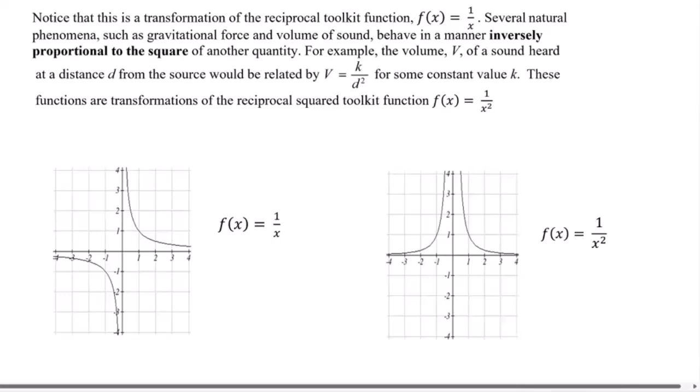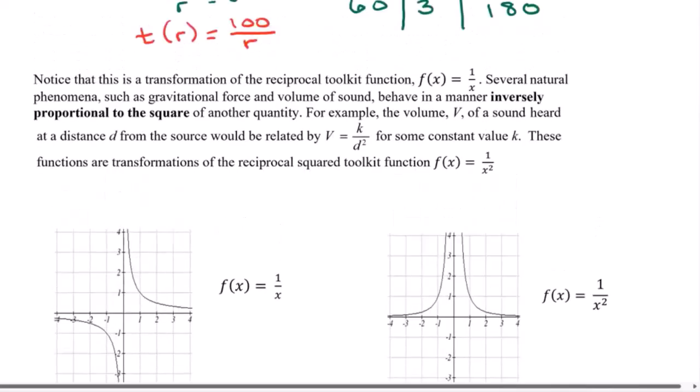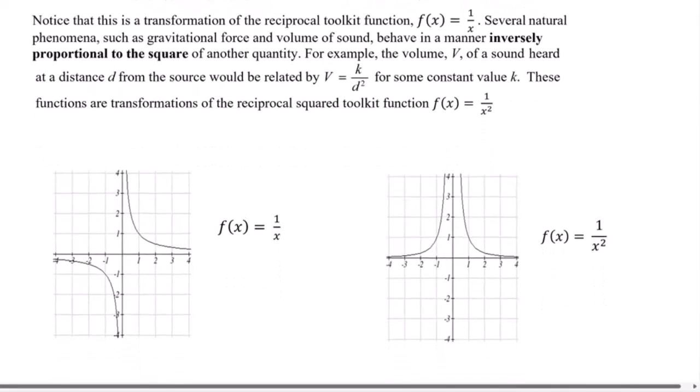So our function that we found is t of r is equal to 100 over r, which is really the same thing as saying 100 times 1 over r. So we can see that there's a vertical transformation of multiplying all the y values by 100.